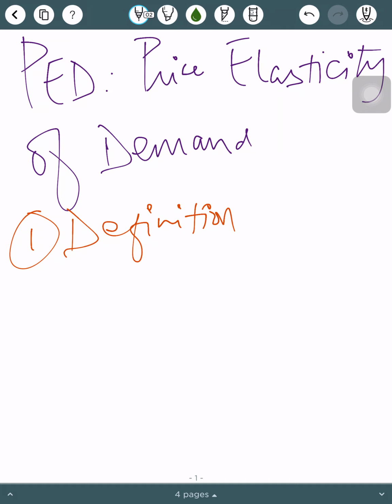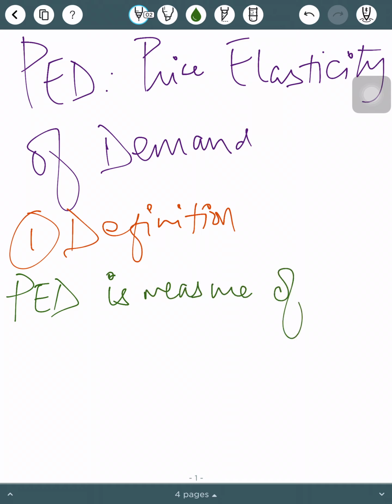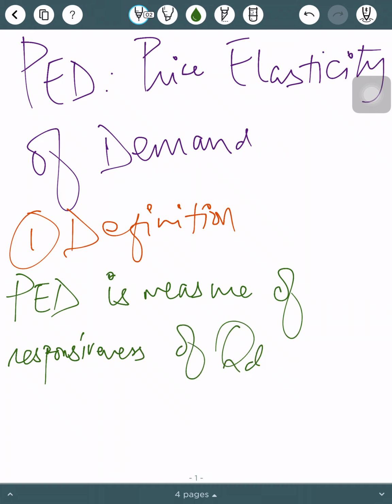Okay, so definition would be PED is a measure of responsiveness of quantity demanded of a product to the change in price of that product.